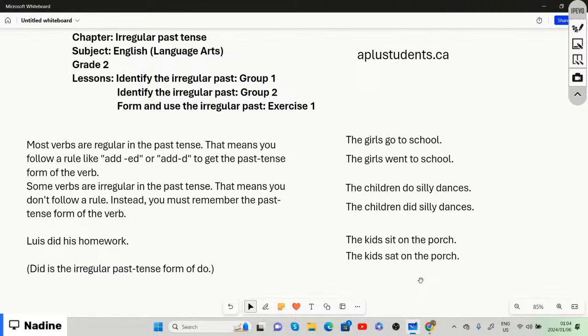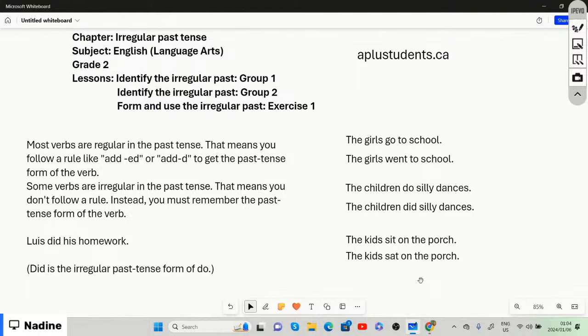All right, so our chapter is irregular past tense. Our subject is English, which is language arts. Grade 2. And the lessons that we're going to be focusing on today under the chapter of irregular past tense is to identify the irregular past, which is going to be group 1 and group 2, which means we're going to expand on that.